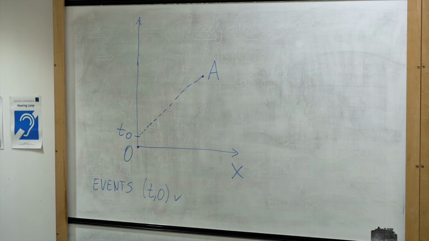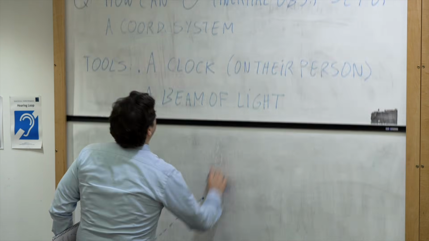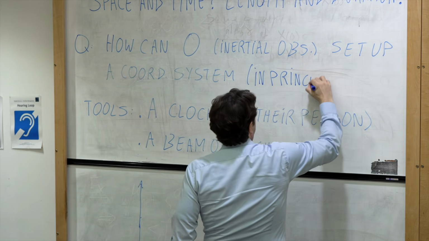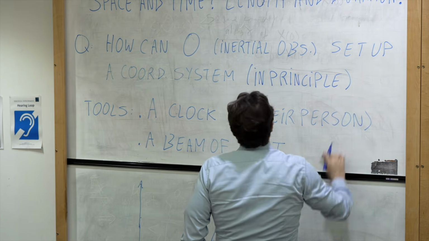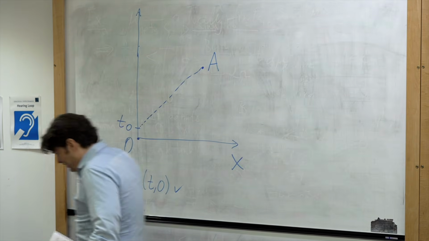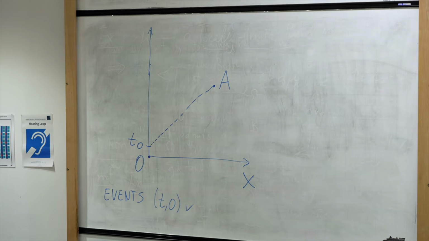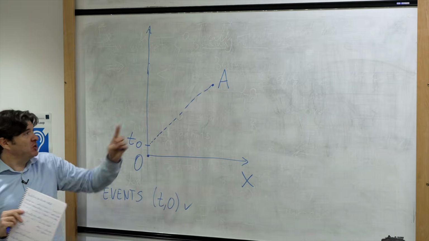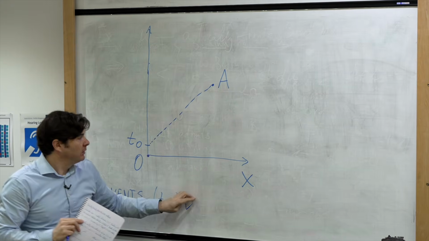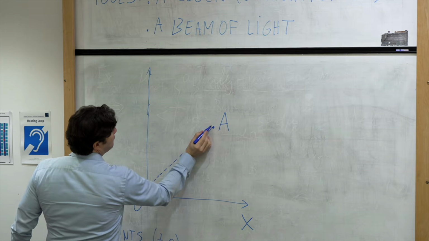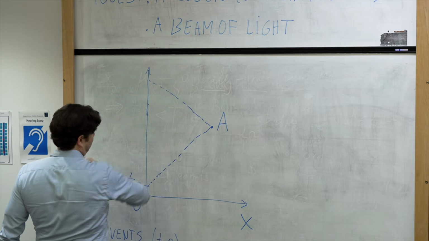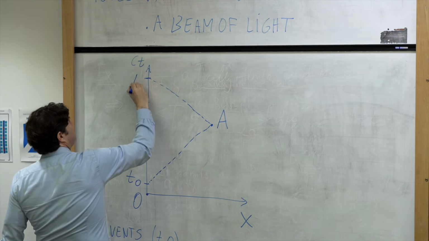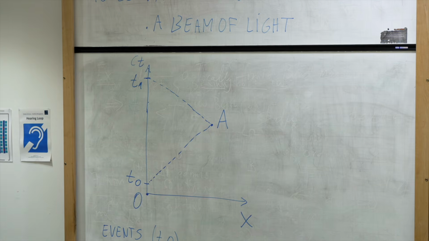In our experiment, we can do any imaginable thing that agrees with the laws of physics. It doesn't mean that there has to be someone here, etc. But we can imagine that there is a mirror at A, and this mirror reflects light, and then light comes back to me at t1, all right?